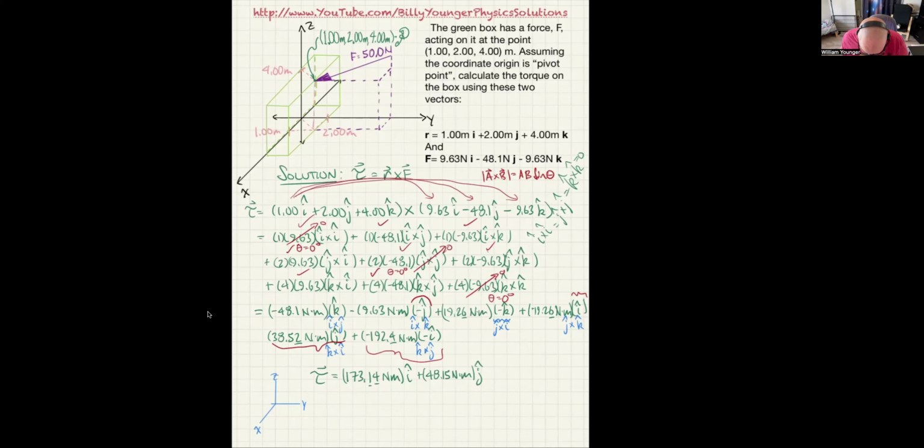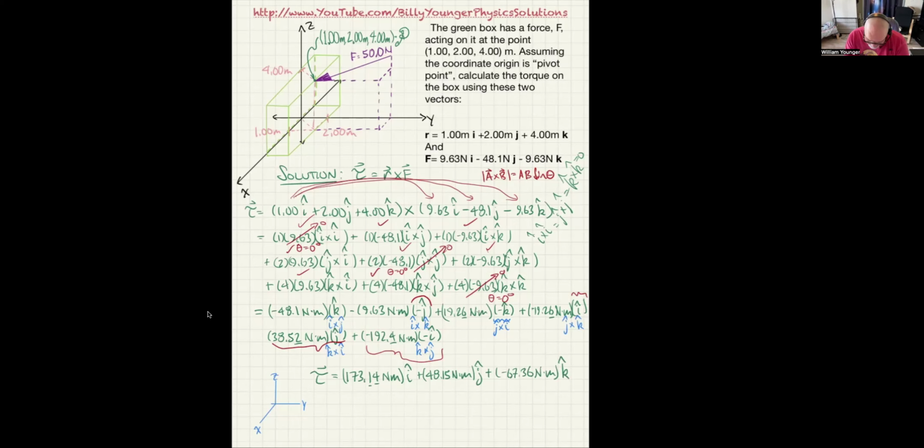They're both negative, so 48.1 negative plus 19.26 negative gives me negative 67.36 Newton meters K hat.